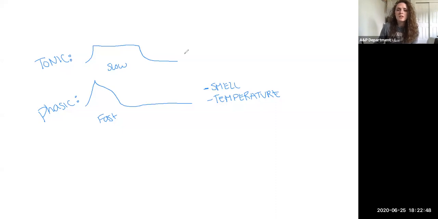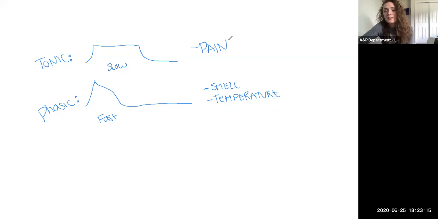Tonic receptors are slow. The stimulus that you feel does not go away until the stimulus essentially stops. And this one you need to know is pain. Wouldn't it be nice if pain was a phasic receptor? But it's not. Let's say you hit your thumb with a hammer.